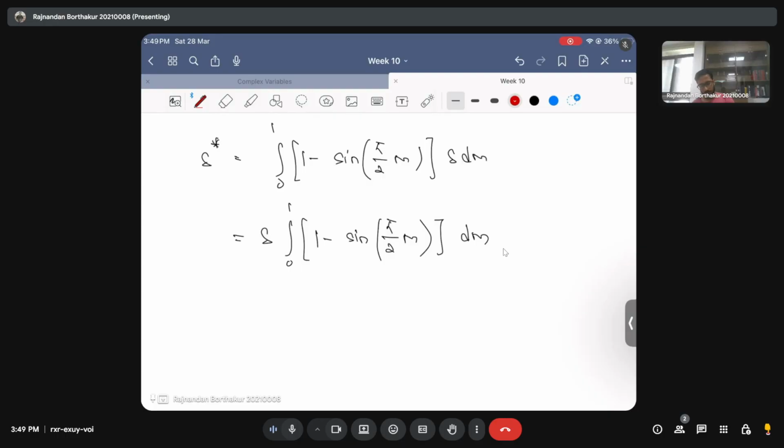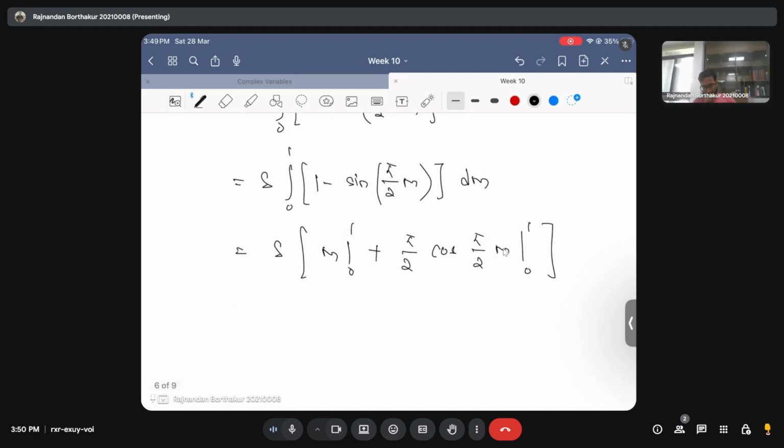It will be delta times the integral of dm, which is m, where m varies from 0 to 1, minus this integration, so integral of sine is going to be plus cos, so this is going to be plus 2 by pi times cos of pi by 2m, where this varies from 0 to 1. And then if you do this, this integration is just going to give you 1 minus 2 by pi.